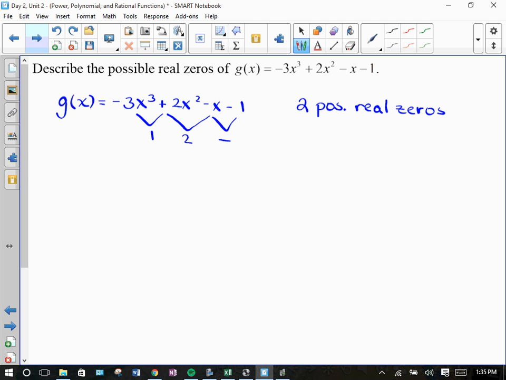It could cross the x-axis 2 times on the positive side. So potentially this function could cross the x-axis twice over there. Alright? Here's one thing this tells us. That tells us that there cannot be 3 positives. This graph does not cross the x-axis on the positive side more than twice.